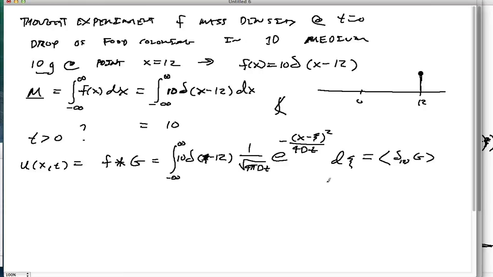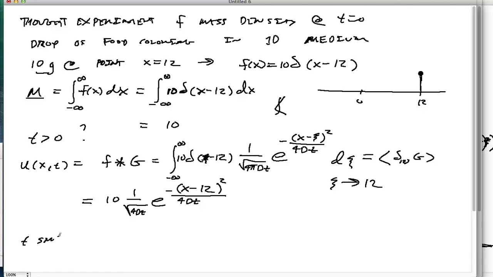So we require that c goes to 12, and we come out with 10 times 1 over root 4 pi Dt, e to the negative (x minus 12) squared over 4Dt. Everywhere we see a c in here, we just plug in a 12.